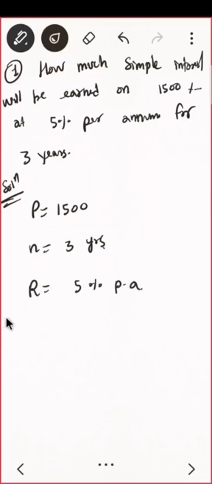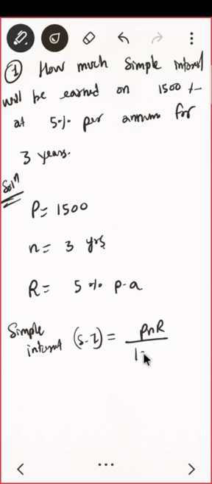Correct? What is the formula for simple interest then? That is SI or I, whatever you say, that is P N R upon 100. 1500 into 3 into 5 upon 100. Do not write percentage here. To remove that percentage, I am dividing by 100. So there should not be any percentage here. It is R percent, so that's why I'm putting 5 divided by 100.